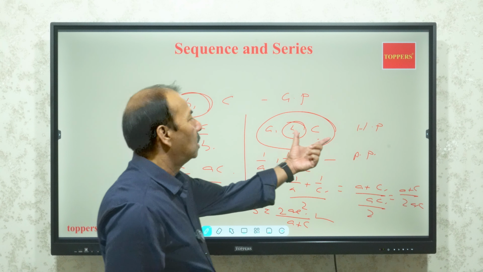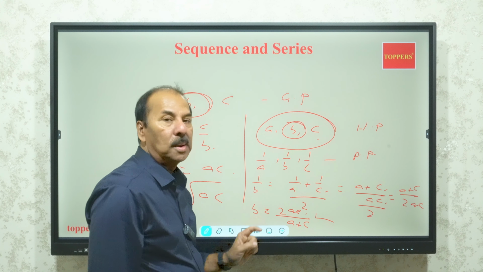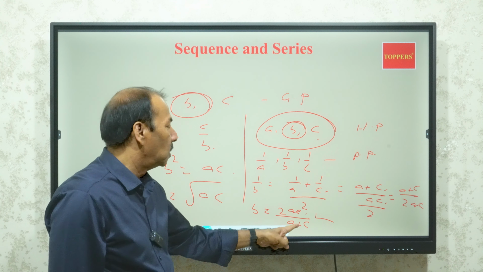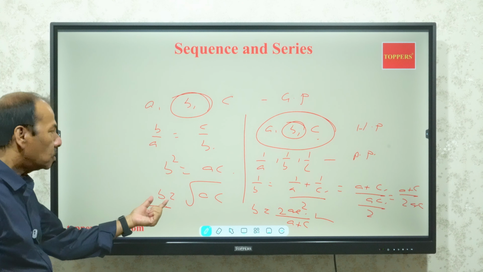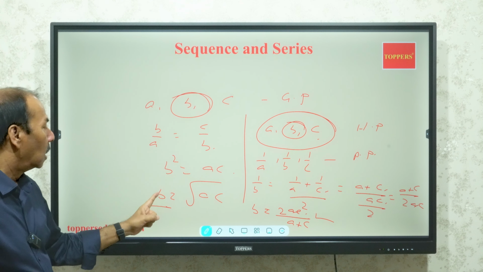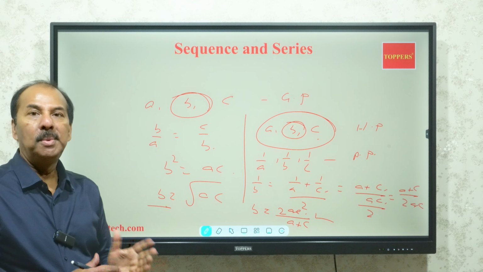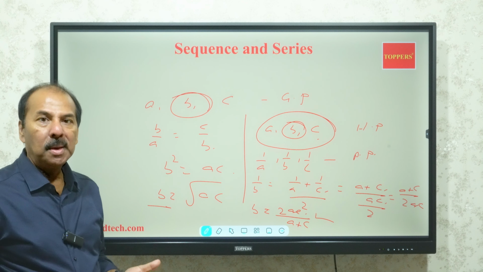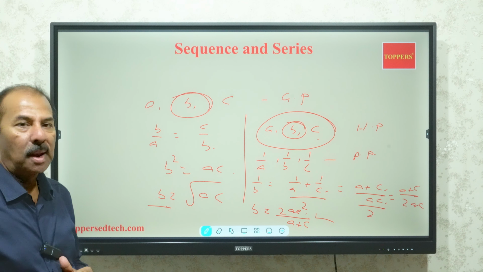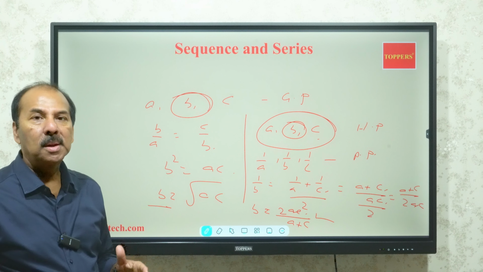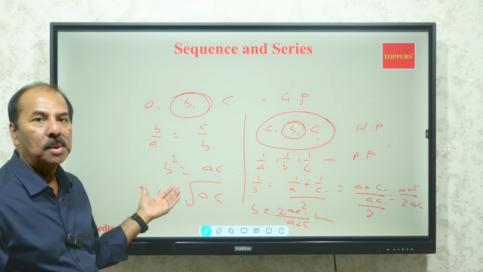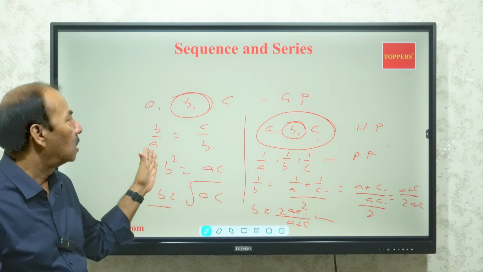So if A, B, C are in HP, the harmonic mean B will be twice of AC upon A plus C. If A, B, C are in GP, then B is equal to square root of AC. And if A, B, C are in AP, then B is equal to A plus C divided by 2. So these are the arithmetic mean, geometric mean and harmonic mean between the three numbers A, B, C and so on.